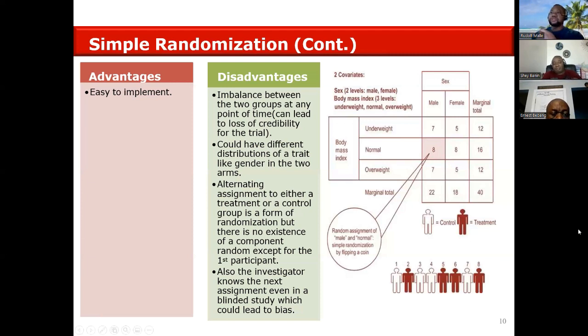Now, sponsors don't usually use the simple randomization method because it's very simple, and it doesn't enforce any form of statistical complexity. What they typically use is block randomization, which we're going to get into.